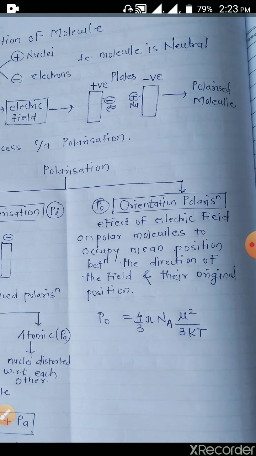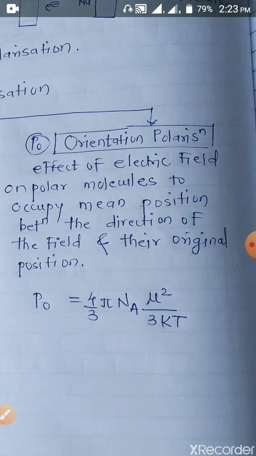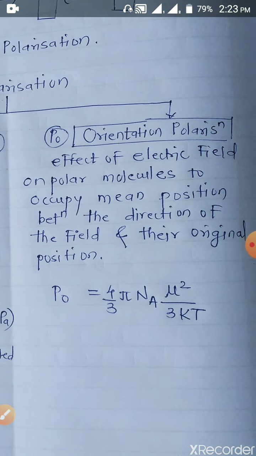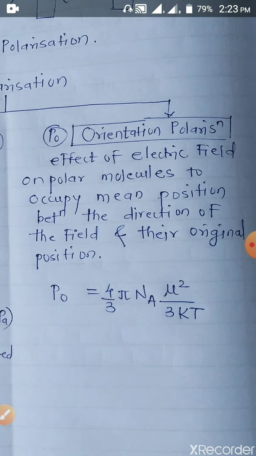The next type is orientation polarization represented by the symbol Po. The orientation polarization can be explained like this. As we know, each polar molecule possesses both a positive as well as a negative end.